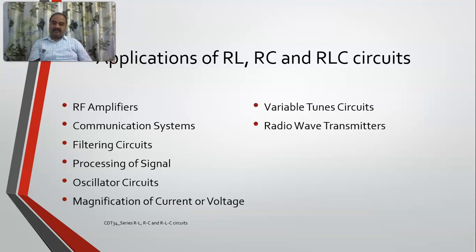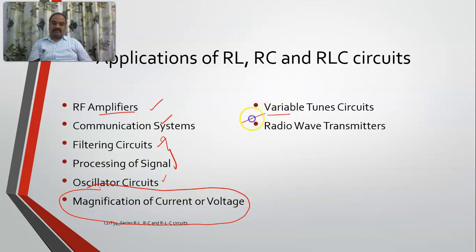You should learn their characteristics. Why? Because they can be used in amplifiers, communication systems, particularly in filtering circuits and processing of signals. Oscillator circuits also are communication circuits. For tuning, they come under filtering circuits, and they also come under radio signals.